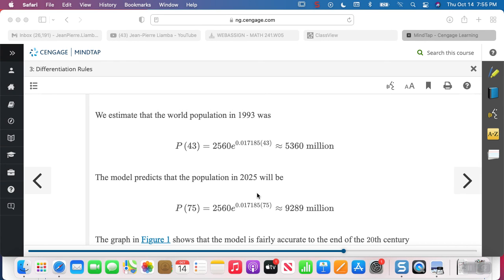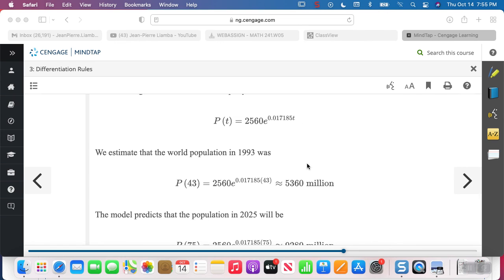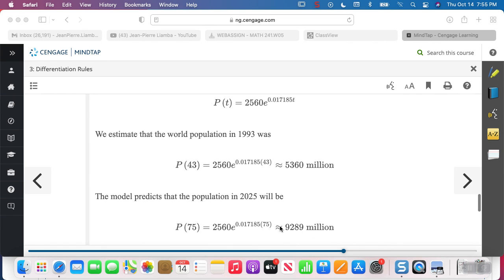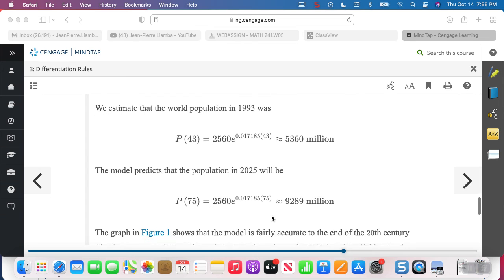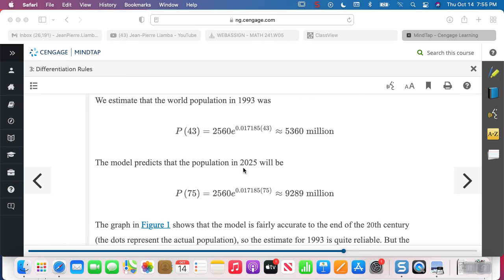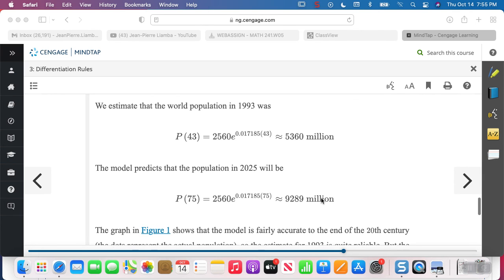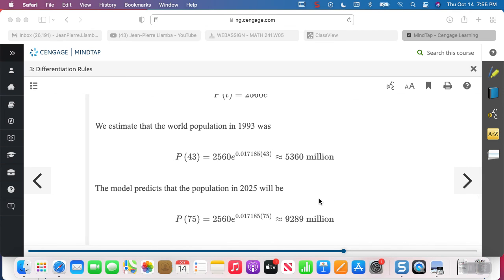Again, you go to this equation, plug in 75 for t, and use your calculator to get the population. So in the year 2025, you're going to have about 9,289 million people. Basically, that's the exponential growth problem. Thank you.